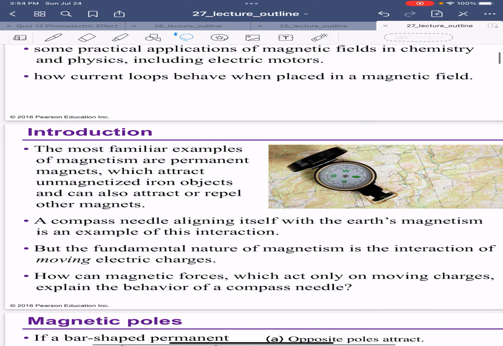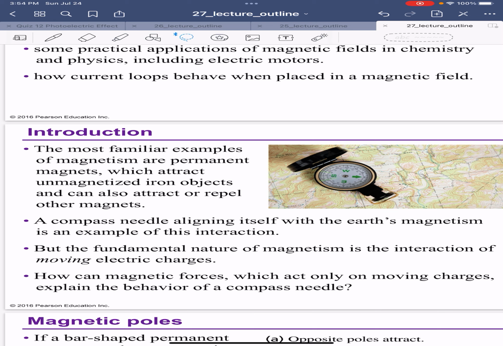Now, as I said, magnetism may be one of the first things that you learn in science, when we talk about these permanent magnets that you have in the classroom, maybe in the first year of science class.